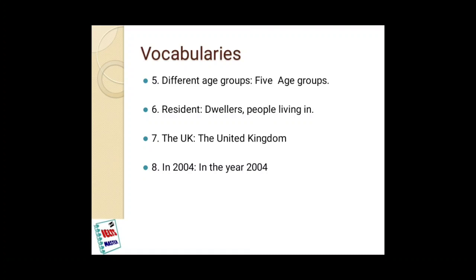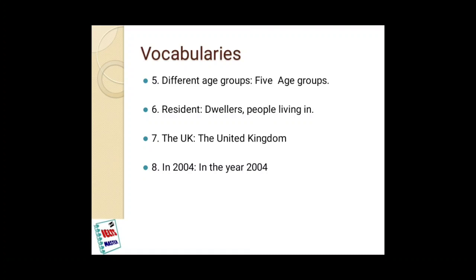Next, you see residents. For residents, the best vocabulary will be dwellers, or people living in the country mentioned in the question. Here it is the UK. So, people living in the UK. One thing to note here is not all residents are citizens.